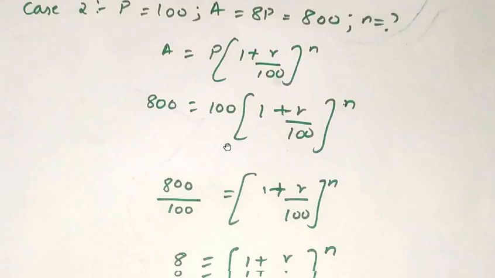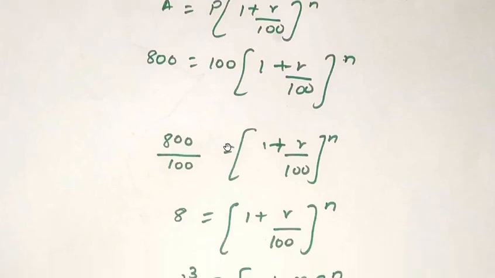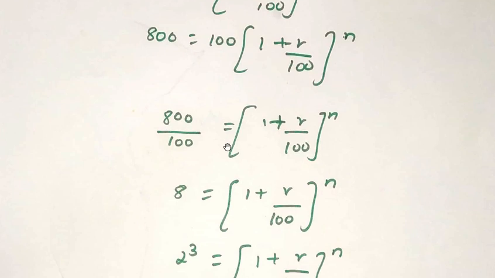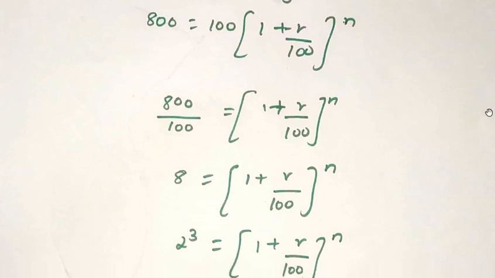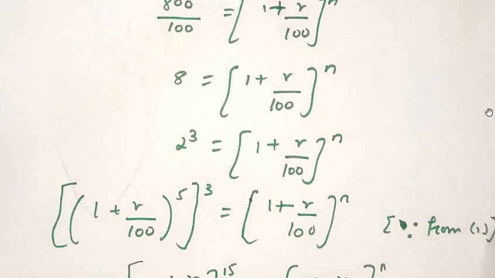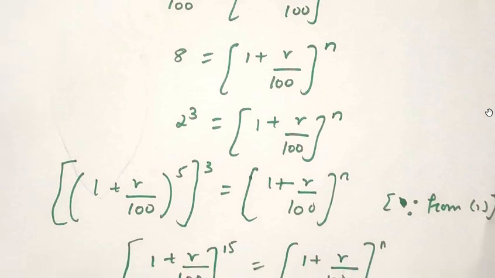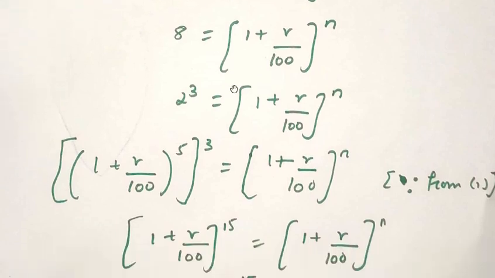So amount is equal to principal into (1 plus R divided by 100) to the power of N. So 800 is equal to 100 into (1 plus R by 100) to the power of N. 800 by 100 is 8, so 8 is equal to (1 plus R by 100) to the power of N. So 8 is nothing but 2 cube.